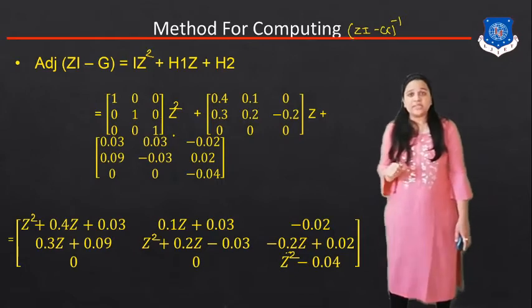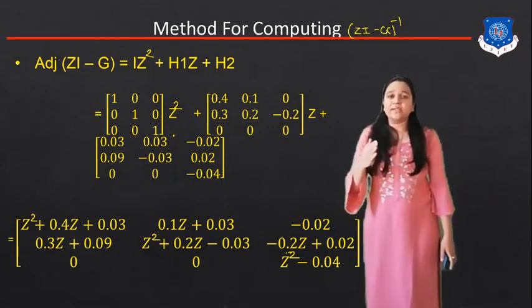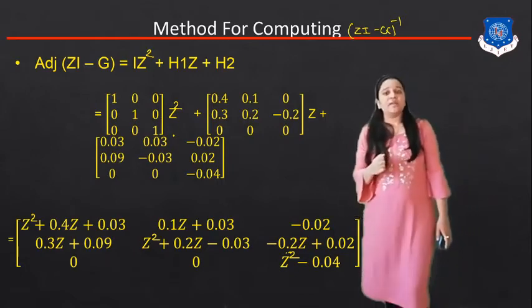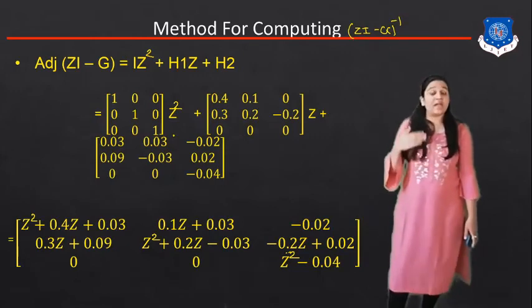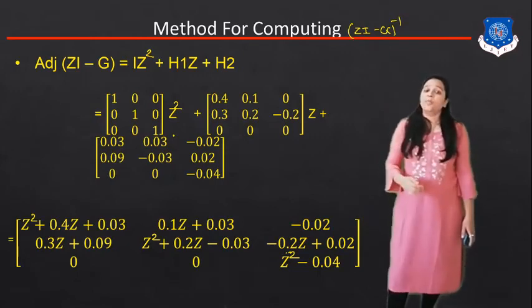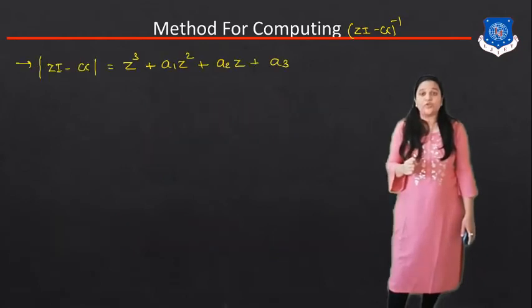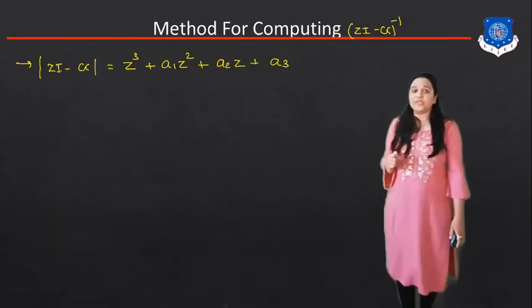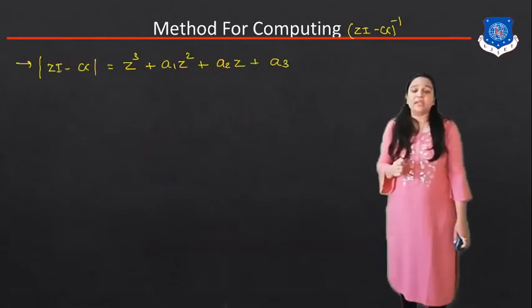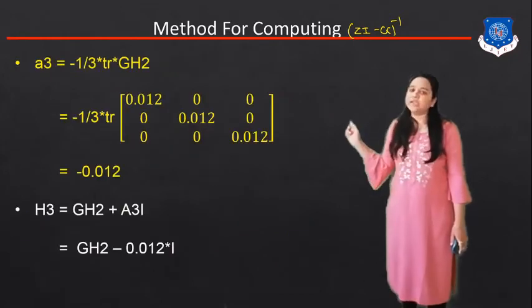Now next is we have to find the value of zI minus Z inverse. And what is the equation of zI minus Z inverse? It is the adjoint of zI minus Z upon mode of zI minus Z. So what is the equation of mode of zI minus Z? So here you can see that we have to find the value of a3.